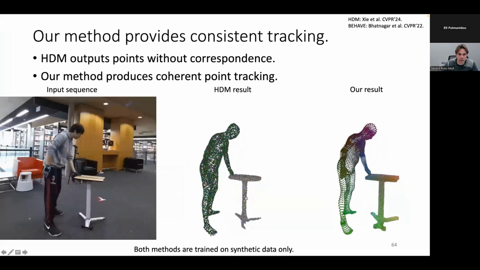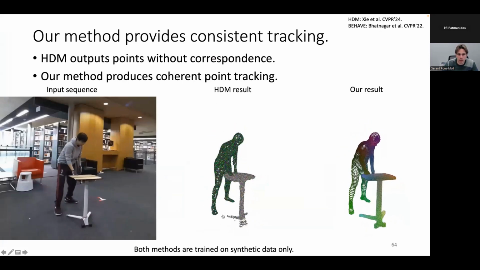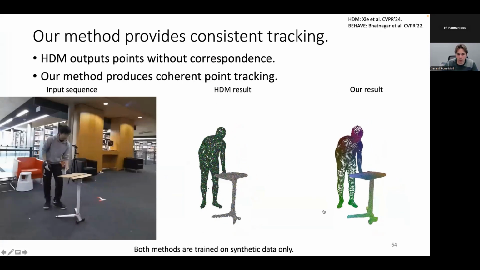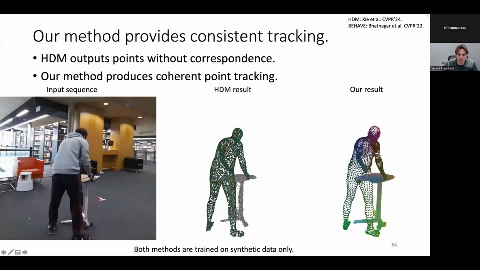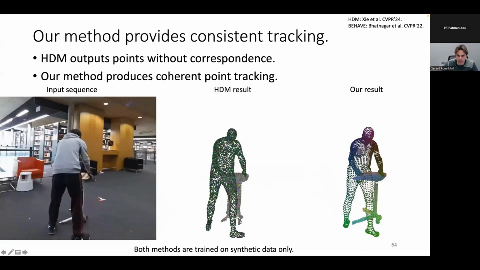This is the single frame reconstruction in the middle and our tracking result on the right. You can see that the shape of the table is more accurately reconstructed. Note that it captures the squareness of this table more nicely, and also the legs.